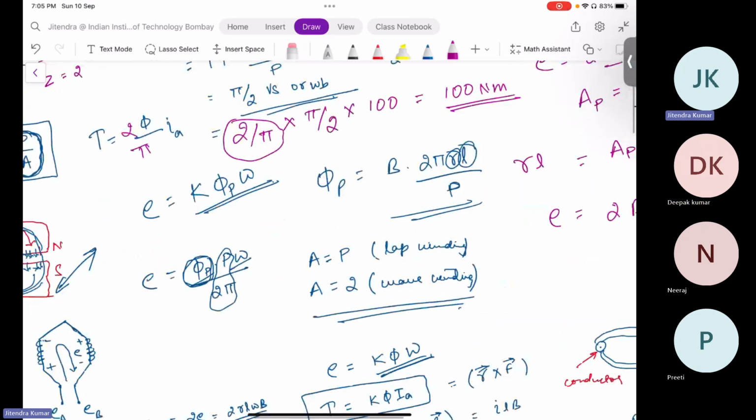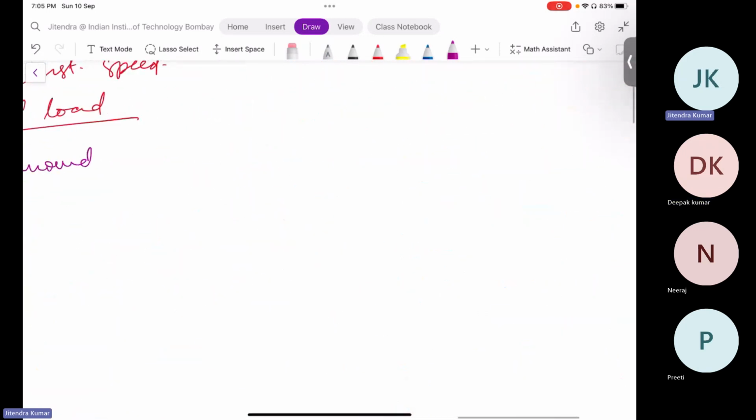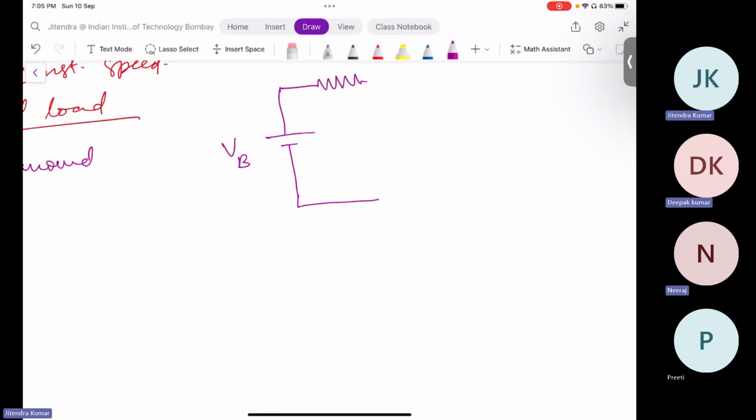Let me draw it for you of a DC machine. You have a certain supply, particularly for a DC motor. You have an armature resistance RA, and there is this armature coil, which is rotating at a certain speed, which will induce a certain EMF.